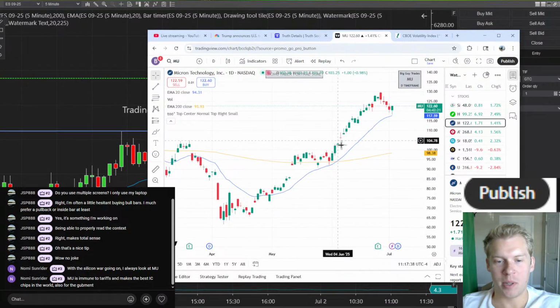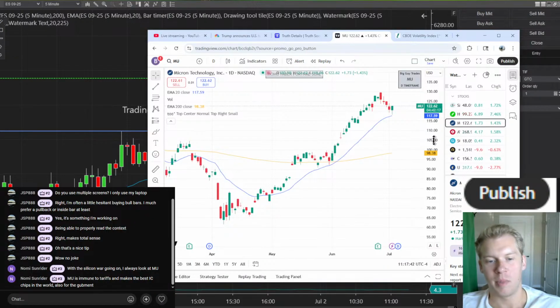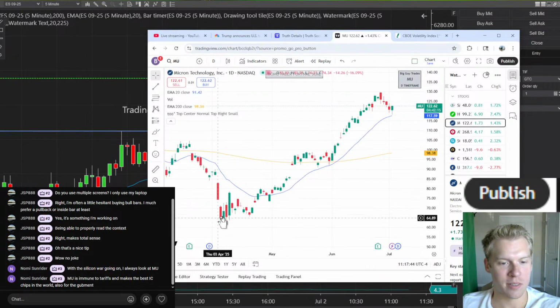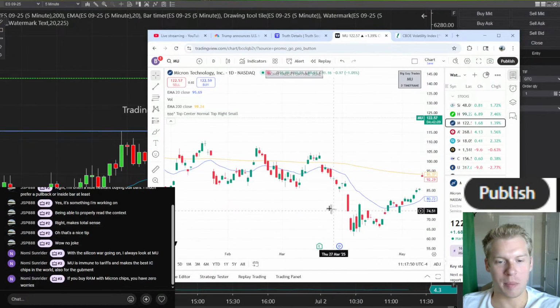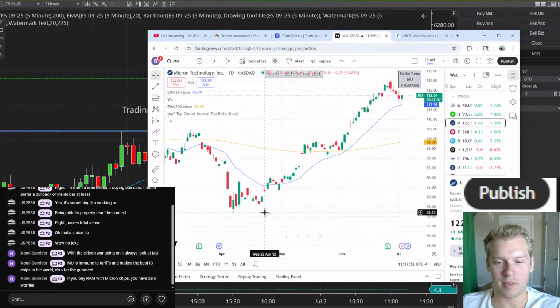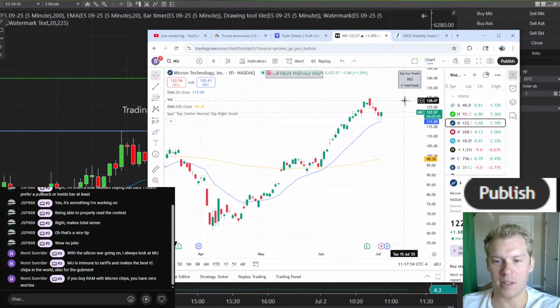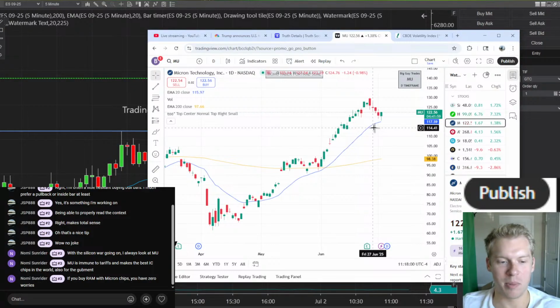So Micron, I'm looking at the chart. It's done quite well, like many of the other companies since the tariff wars started. Look at this. It's up. That was such a great buying opportunity, up from 60, it doubled in 3 months. Those are the opportunities that exist out here when you see a big dip in the market.